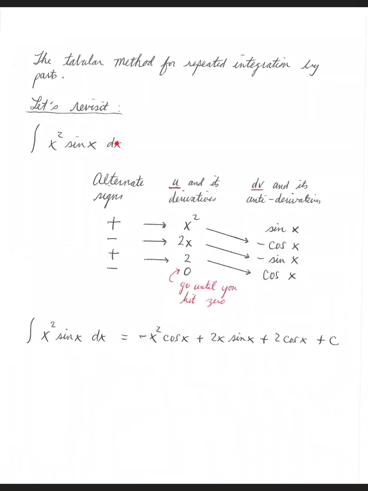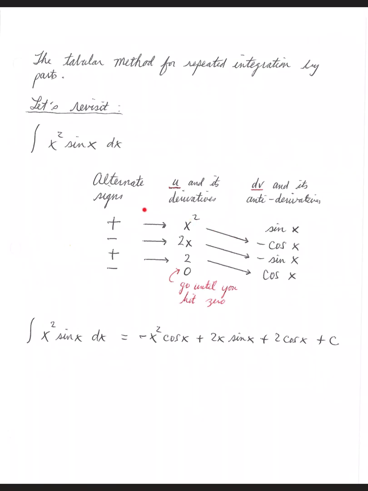Take dv, which in this case would have been sine x dx, and keep taking antiderivatives as many times as it takes till you hit 0. From your alternating signs column to your u column, you go straight across. So positive x squared.